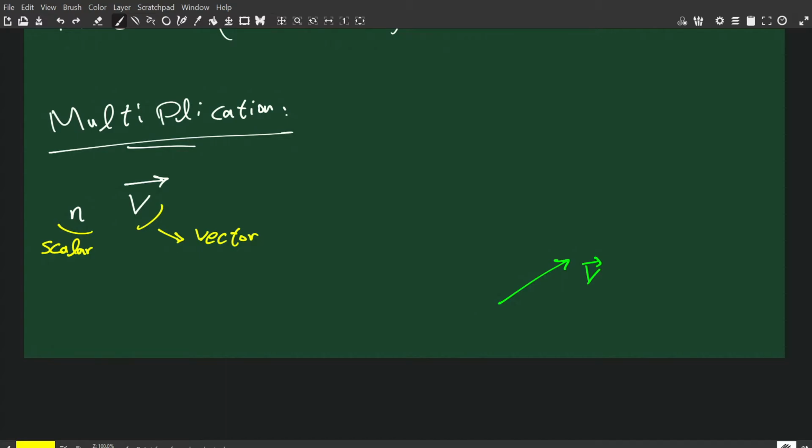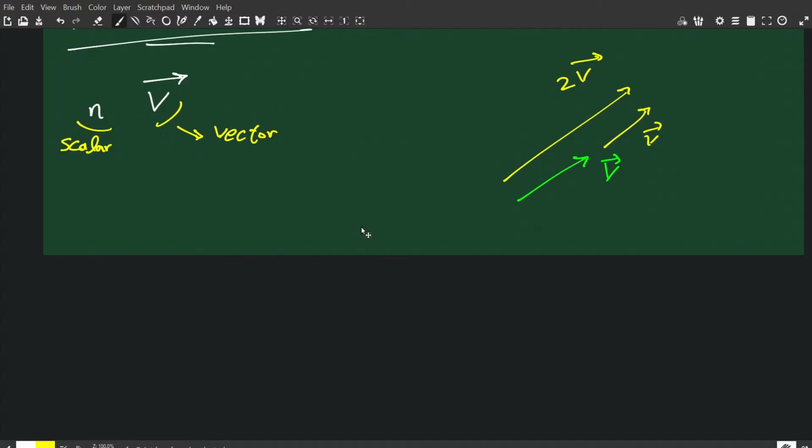The direction won't change, but its magnitude will be multiplied by that scalar. So for 2v it will be like this, its length is 2 times that of v. So it's the multiplication of a scalar by a vector.